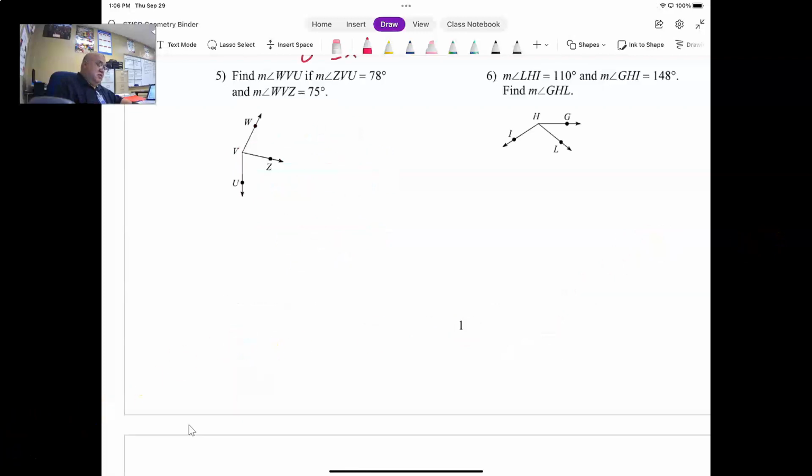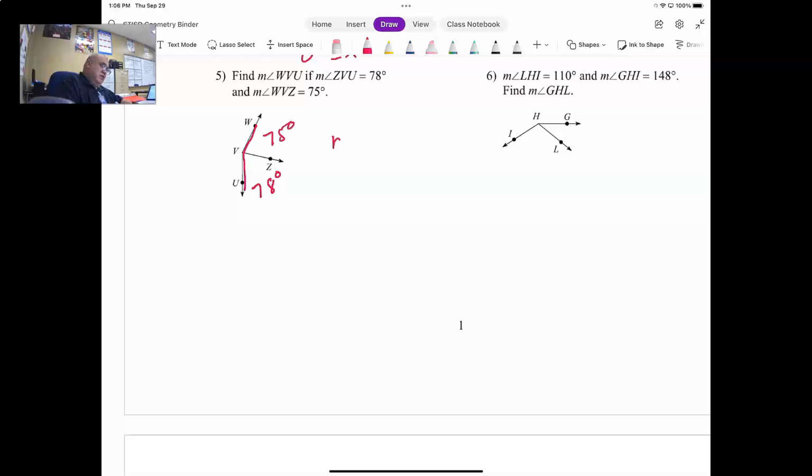Find the measurement of angle WVU. You know that the measurement of angle ZVU is 78. And the measurement of angle WVZ is 75.